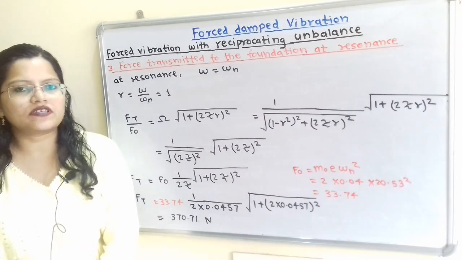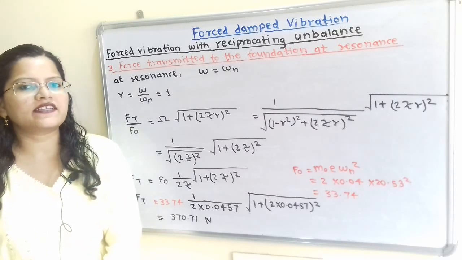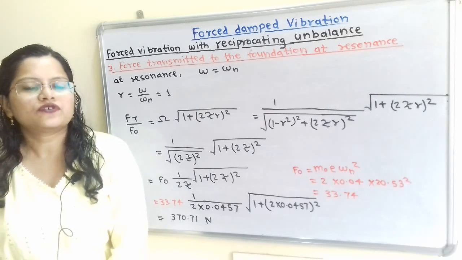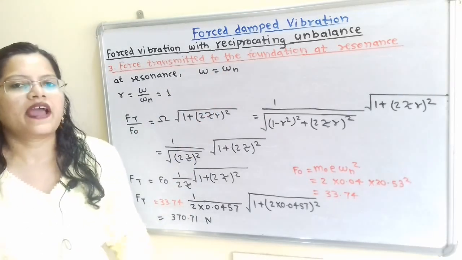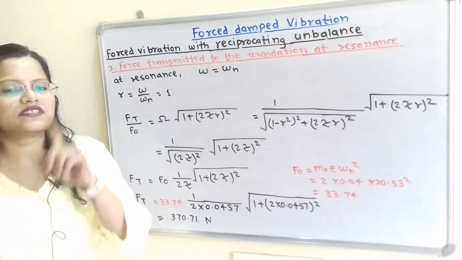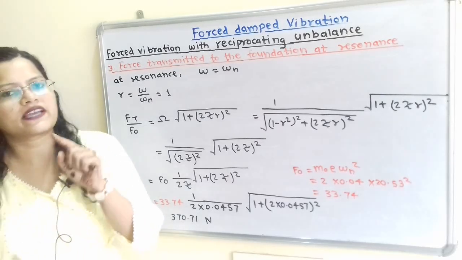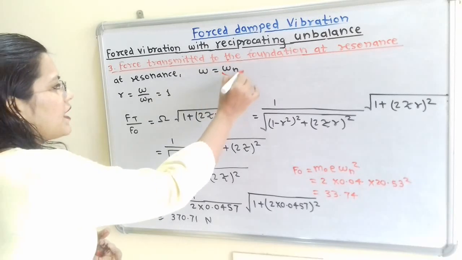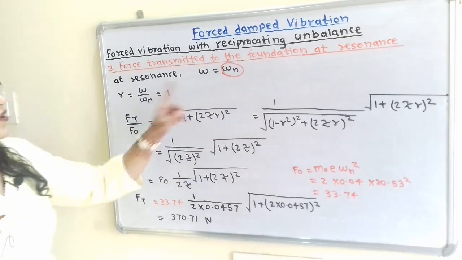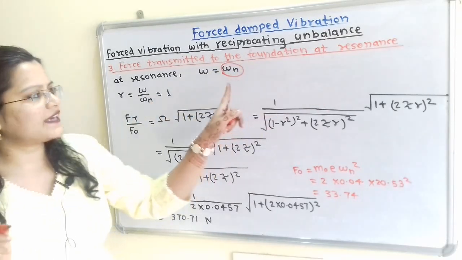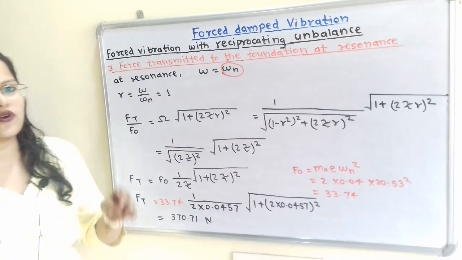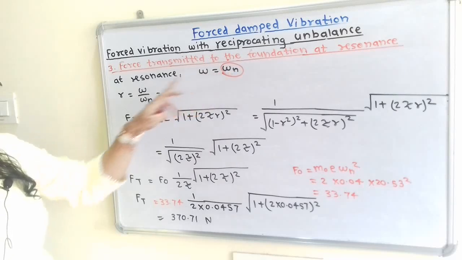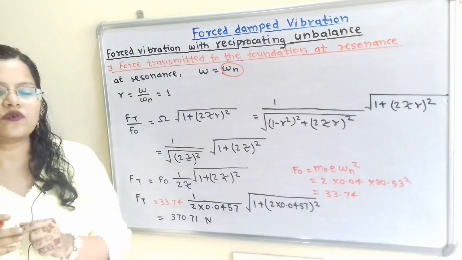Now we will find out the force transmitted to the foundation at resonance. At resonance, the system vibrates at its natural frequency. So we have to consider omega is equal to omega n, and for the calculation, instead of omega we have to take the value of omega n, because the system vibrates at its natural frequency, and the frequency ratio r is equal to omega divided by omega n, which is equal to 1.